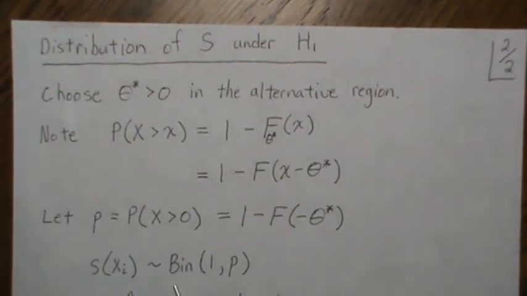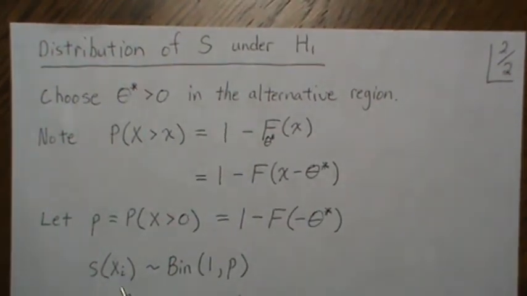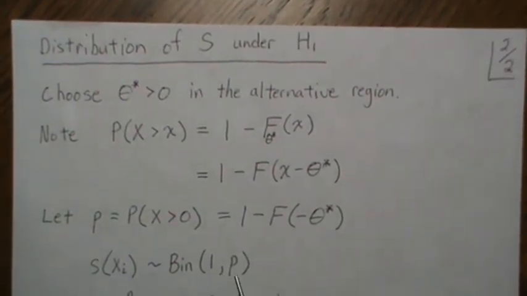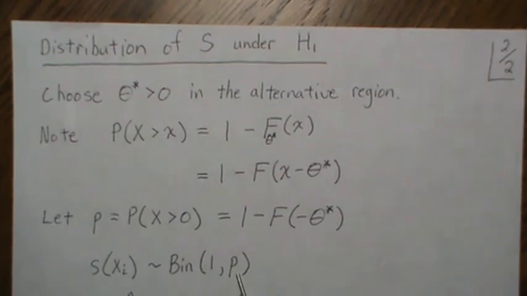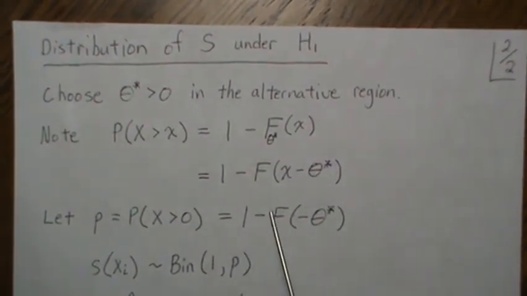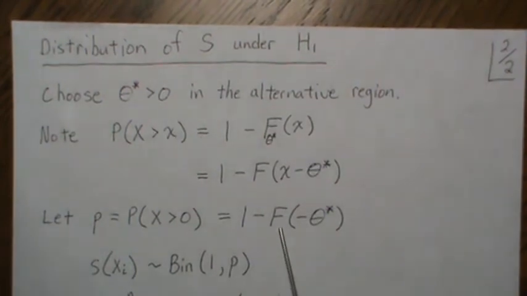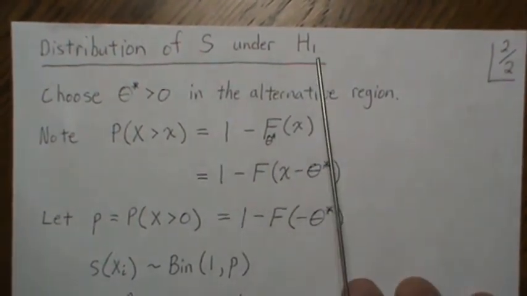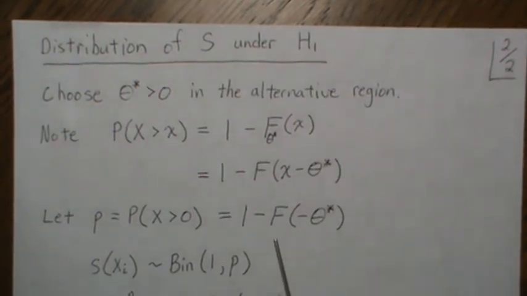So now each little indicator function is a 1, meaning greater than 0, with probability p. So this is a little Bernoulli random variable with p. But this p actually depends upon the distribution under the alternative. And so actually the distribution of S under the alternative is not non-parametric.